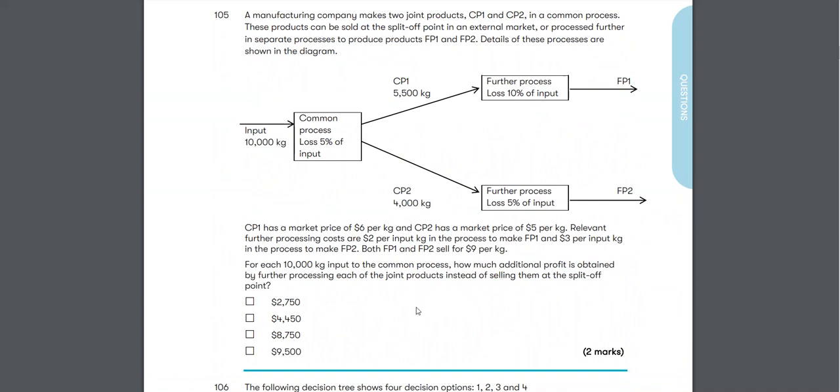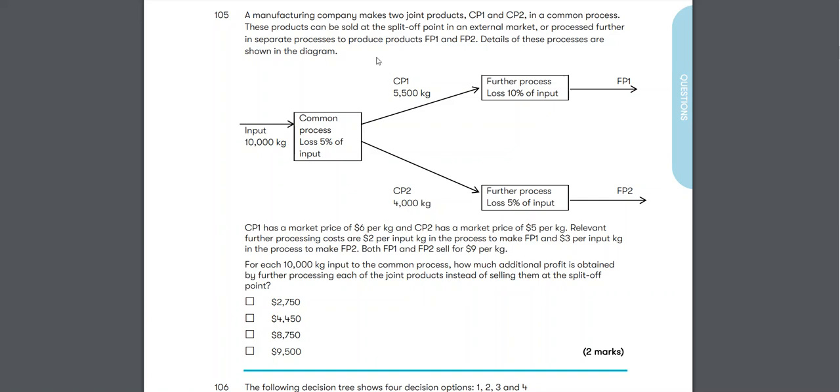Okay, continuing. For each 10,000 kg input to the common process, how much additional profit is obtained by further processing each of the joint products instead of selling them at the split-off point? A company manufactures two joint products, CP1 and CP2.